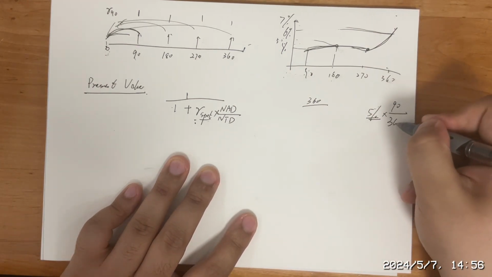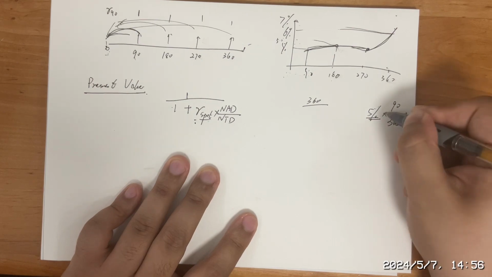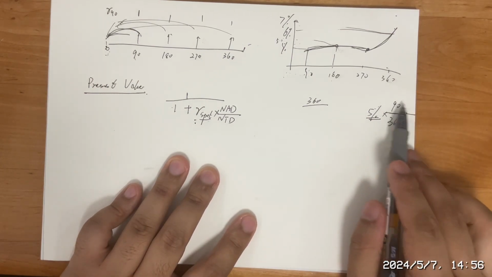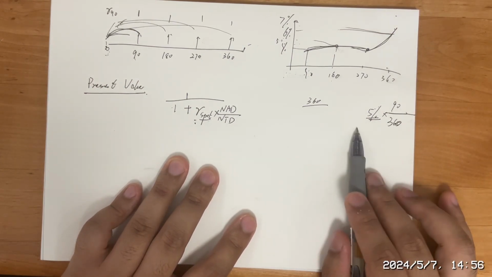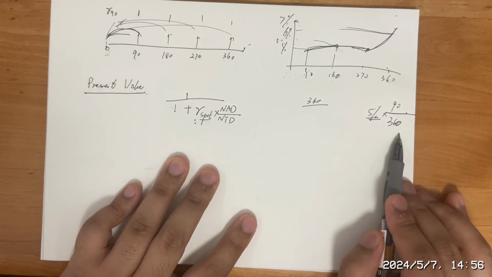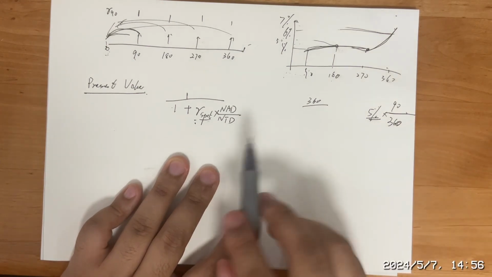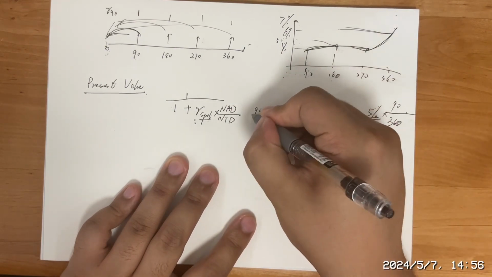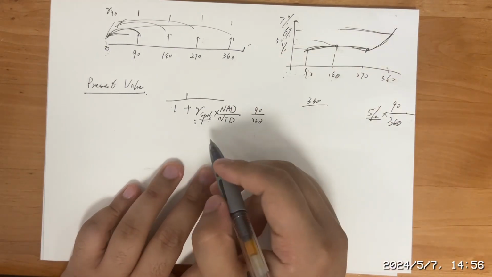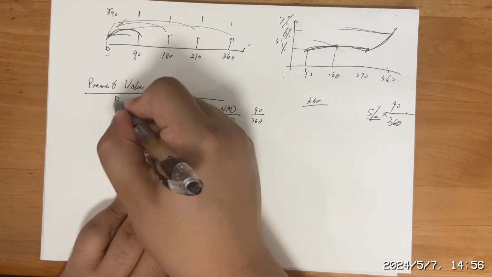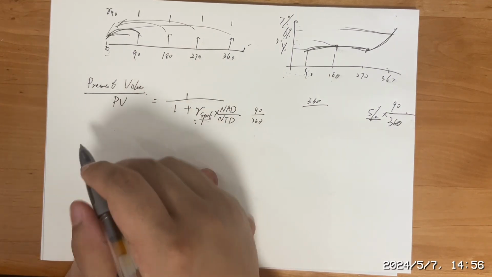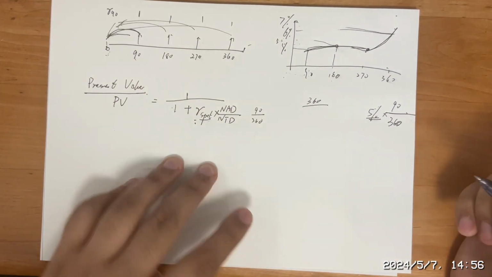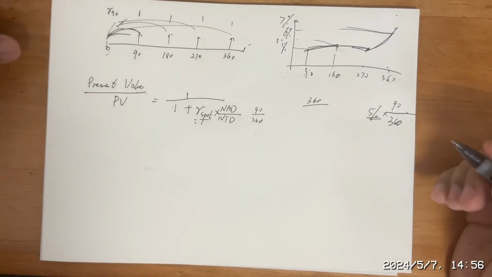So you have 360, and we have 90 divided by 360. That is the rate you're going to experience. For example, the number of accrued days will be 19 days over 360. You can do that, and you're going to get a present value factor, or you can treat this as a discount factor.